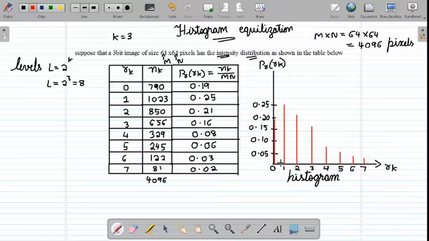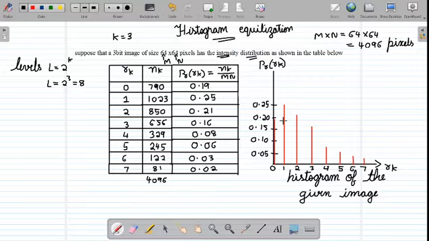So this is the histogram of the given image.